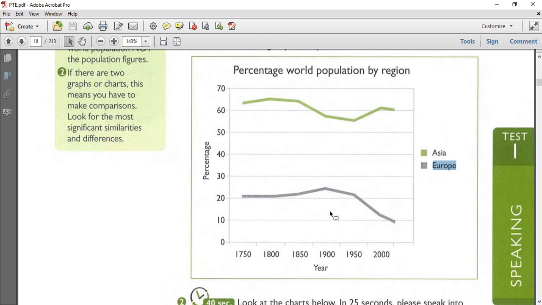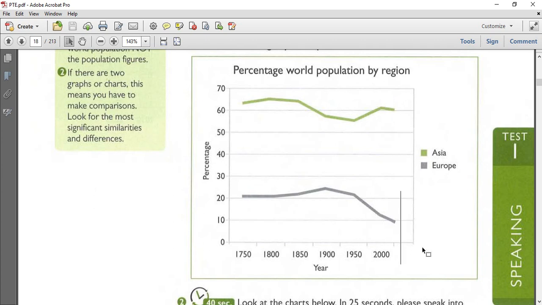And for the years between 1950 and the 1990s, you can see that both of them dropped at the same rate, and it started growing again in Asia.